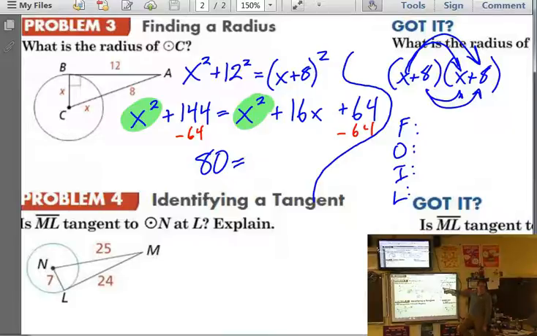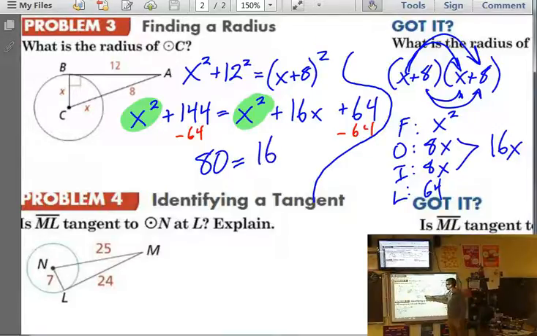What's the product of my first terms? What's the product of my outside terms, my inside terms, and my last terms? Then these are like terms and combine to 16x. You're welcome. So if you guys are struggling on that at all, look up foiling.